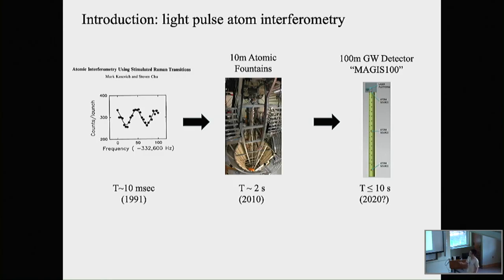For the 10-meter atomic fountain at Stanford, they achieved a freefall time of 2 seconds. And there's a proposed 100-meter tall gravitational wave detector, which will have a freefall time of less than 10 seconds.